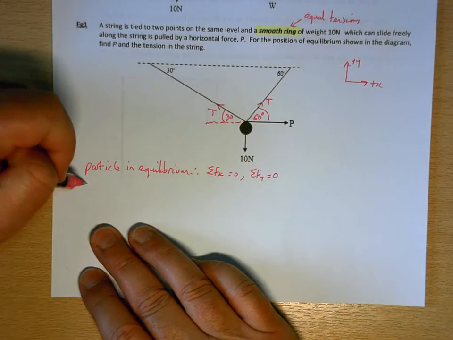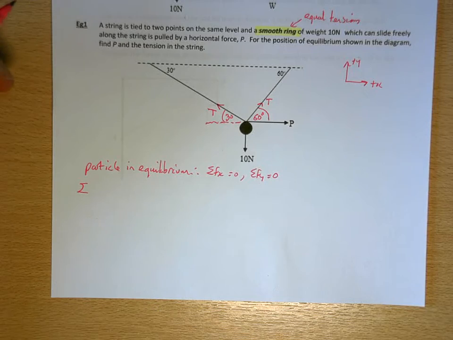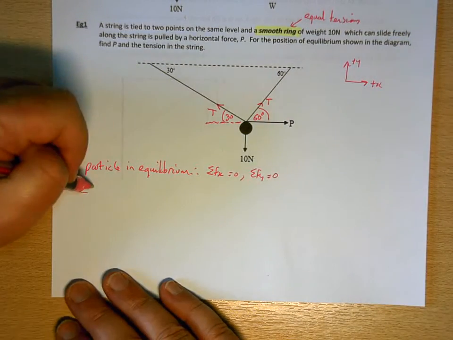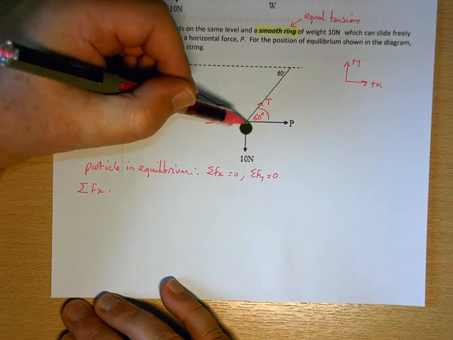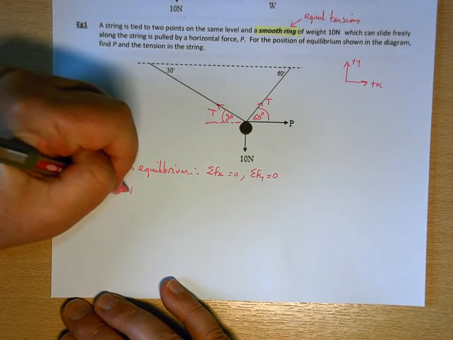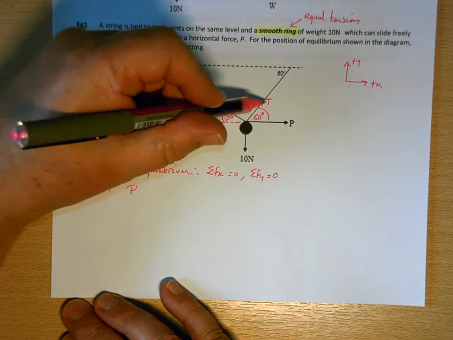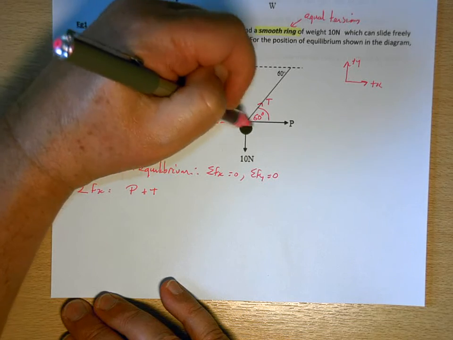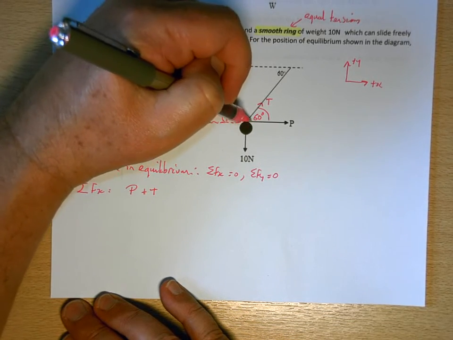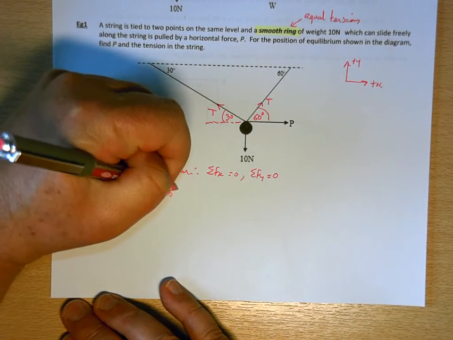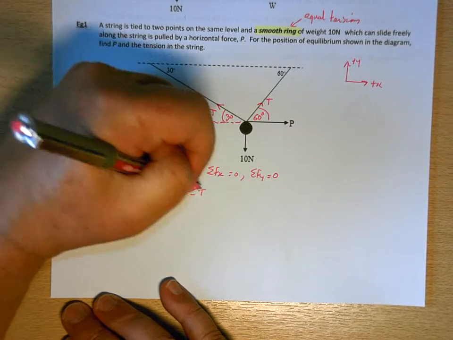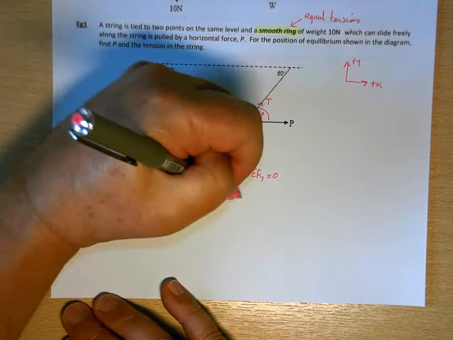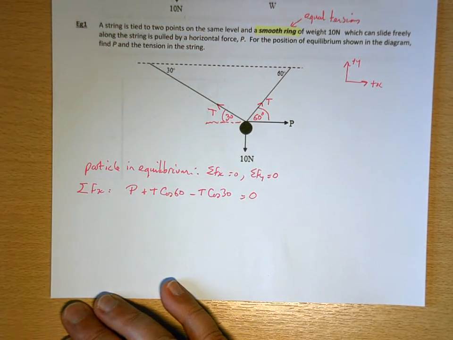So we will resolve now in the same way we were resolving with the pulley questions and the friction on an inclined plane. So the x components, I've got that P acting entirely in the plus x direction. So that's going to be plus P, then plus T cos 60. If you imagine the right angle there, this side is adjacent and that's the hypotenuse, so it will be T cos 60 minus T cos 30, and then that doesn't have any horizontal component, so that equals 0.